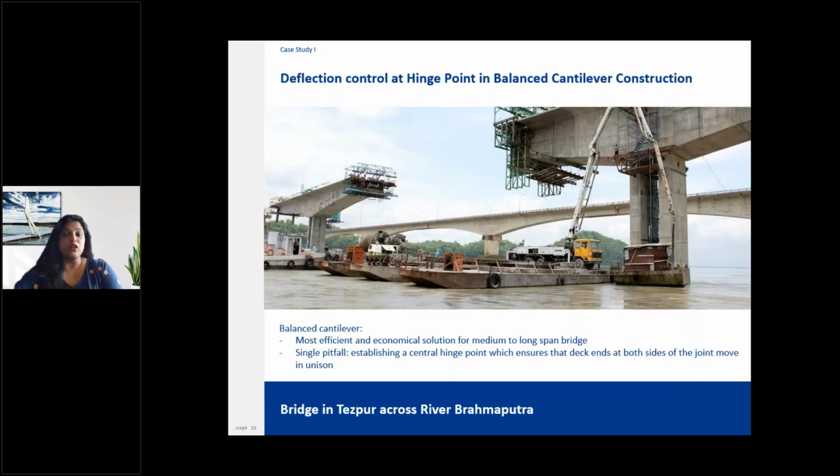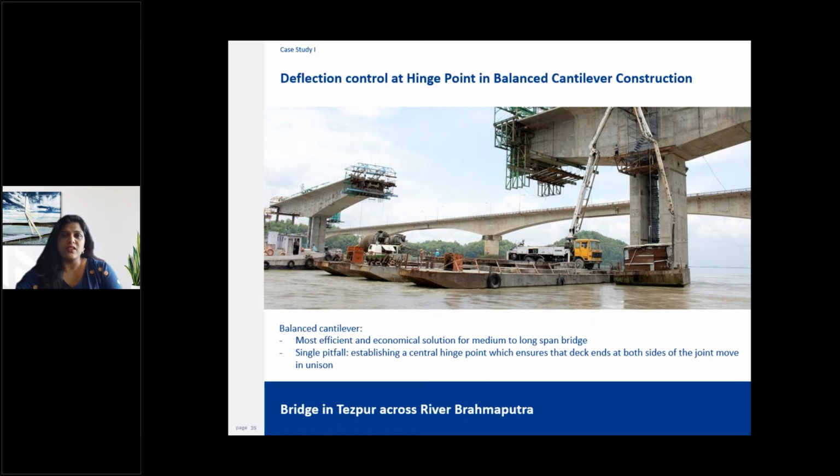Firstly, we all know that balanced cantilever type of construction became very popular for long span bridges due to ease and economy of construction. As spans got longer, engineers started leaning towards bridges with continuous spans. But with continuous spans came the problem of structural indeterminacy.